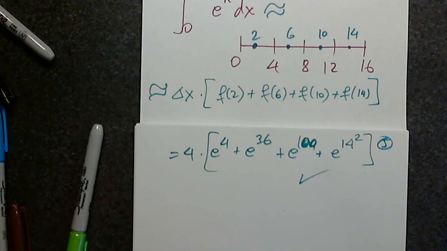Okay, 4 times the quantity e to the 4th power plus e to the 36, because that was 6 squared, plus e to 100. That's huge. And then plus e to 14 squared.